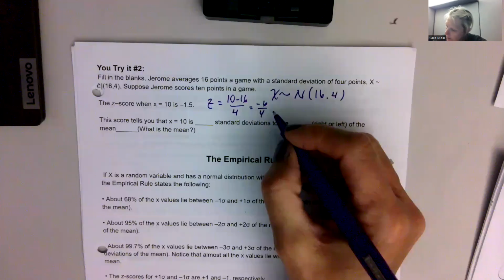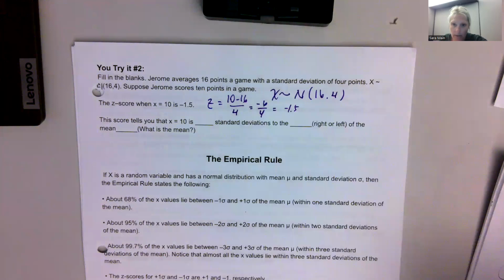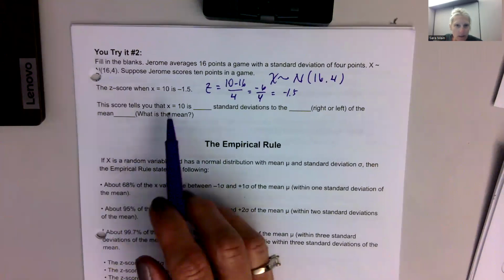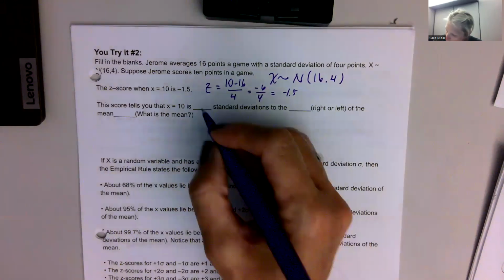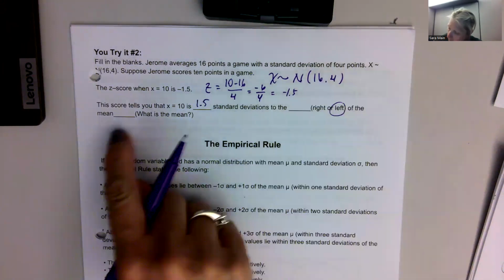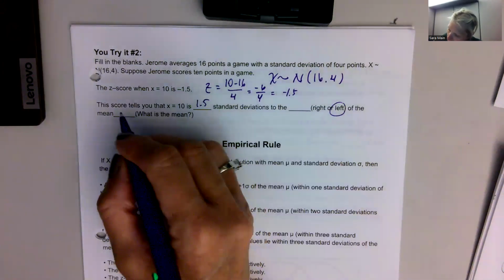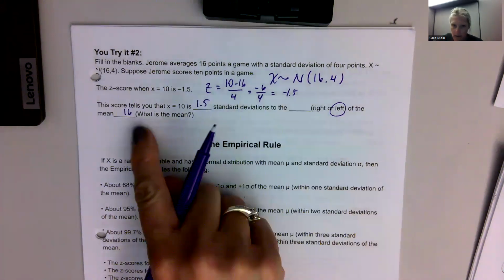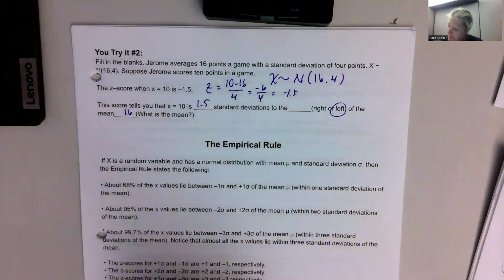And we just verified that it's negative 1.5. This score tells you that x equals 10 is 1.5 standard deviations to the left of the mean, which is 16. And it's negative because it's to the left, under the mean.